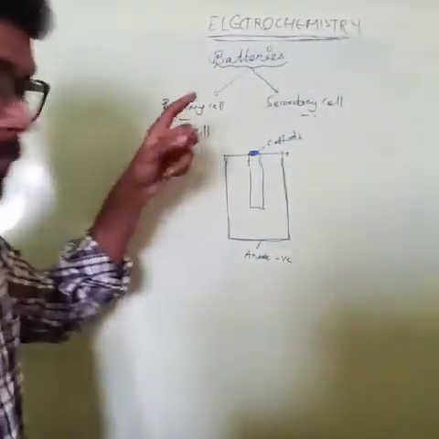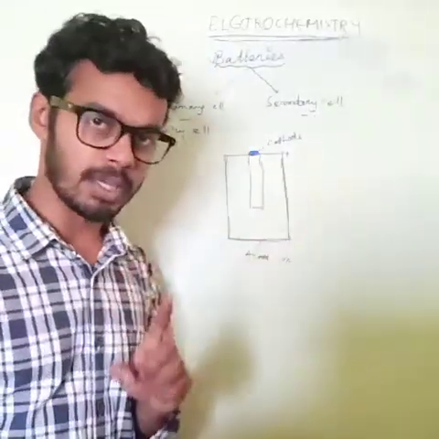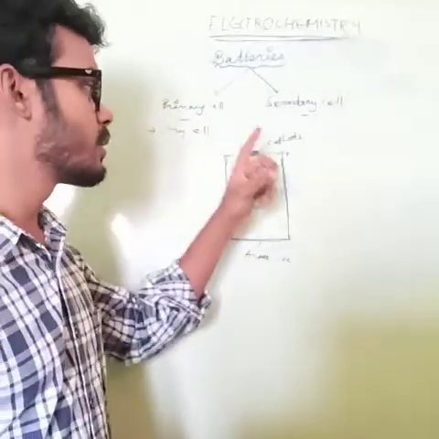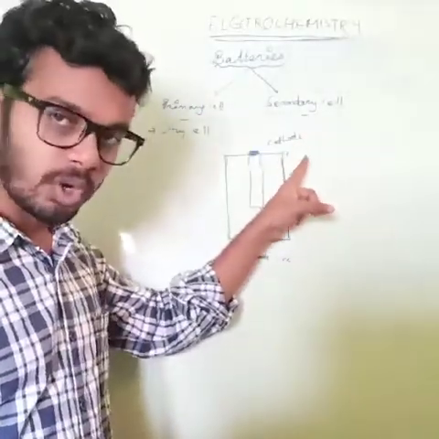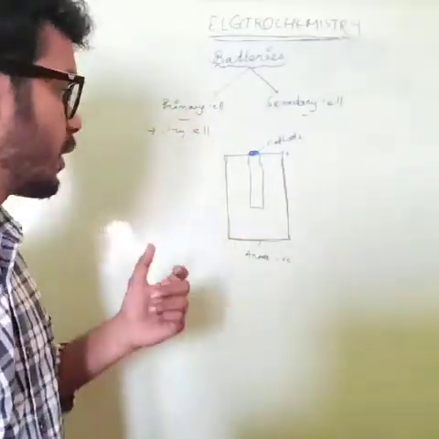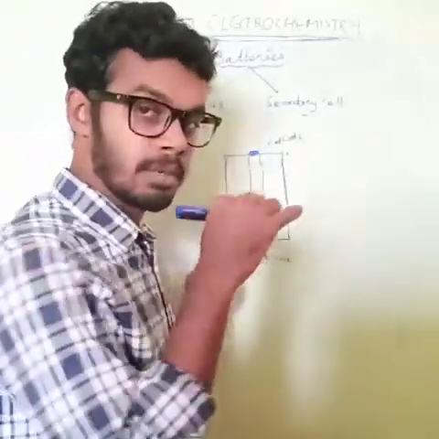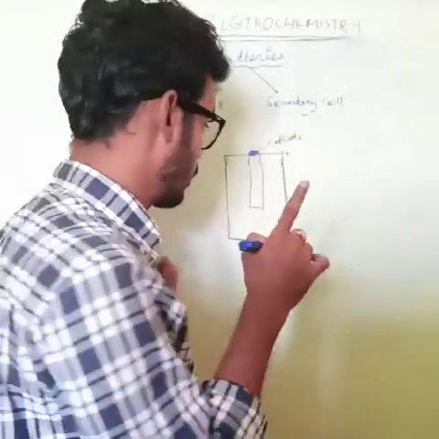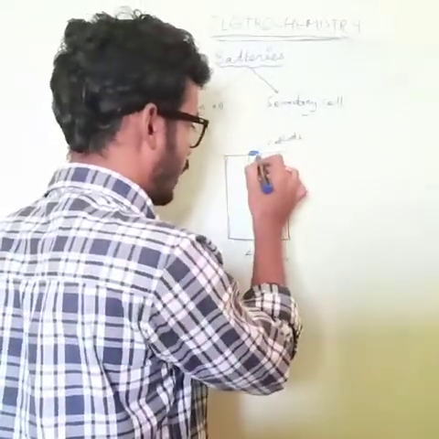A primary cell is nothing but your galvanic cell. In a galvanic cell, always the positive is your cathode, negative is your anode. Remember, these are very important things. LOAN, remember the LOAN: Left, oxidation, anode, negative.